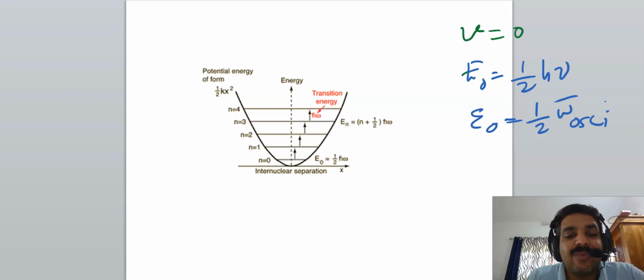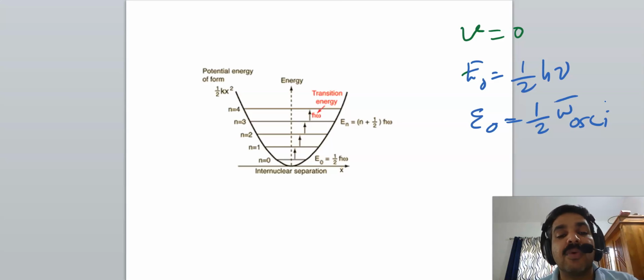And that is the difference between classical mechanics and wave mechanics. From classical mechanics, the energy will be 0 at absolute 0 or at the 0 state. But in quantum mechanics or wave mechanics, energy cannot be 0 at absolute 0, or a molecule is vibrating even at very low temperature.